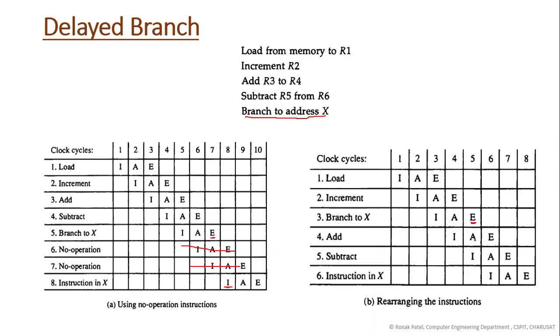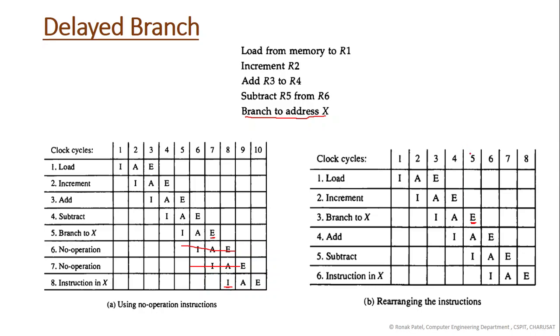Let's see this add and subtract operation, right? The add operation: fetch, then ALU operation and execute. Then the subtract operation: fetch is done, ALU operation and then execute. Now see this: when this branch executes, in this E, the value of the program counter will change, and in the next cycle it will fetch that instruction.